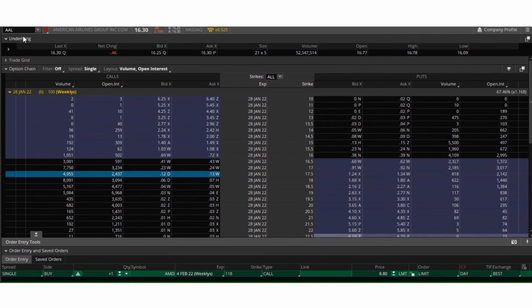Okay, AAL, American Airlines, open interest 2,995. That's very high liquidity, very high open interest. So there should be no problem getting into and out of that trade. Let's look at another stock.